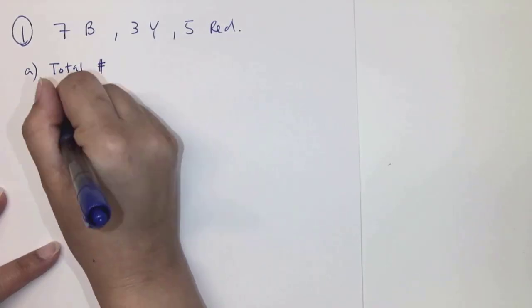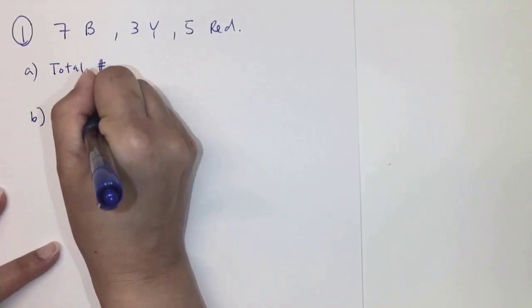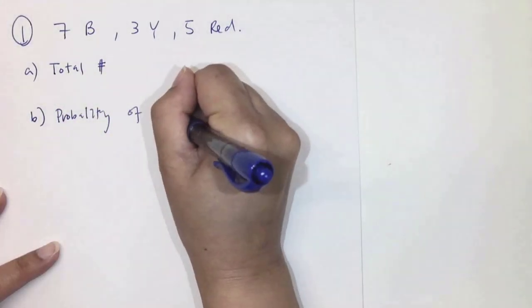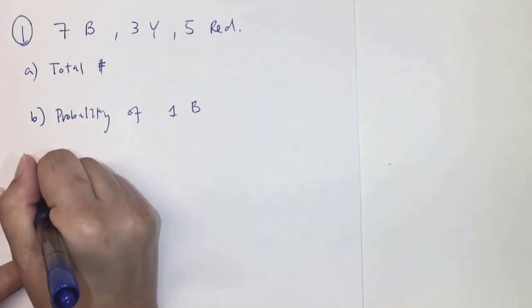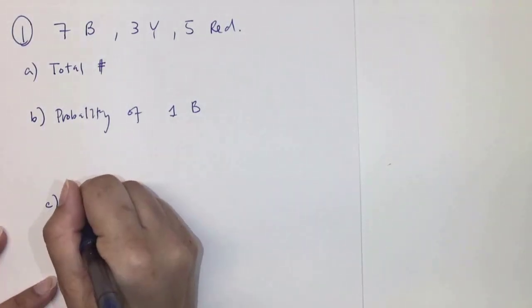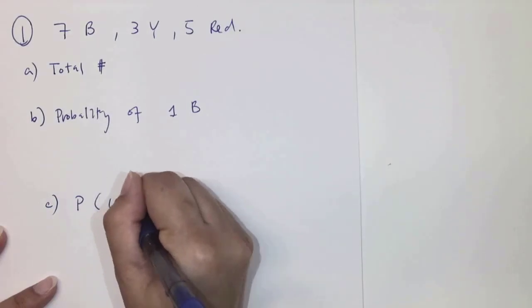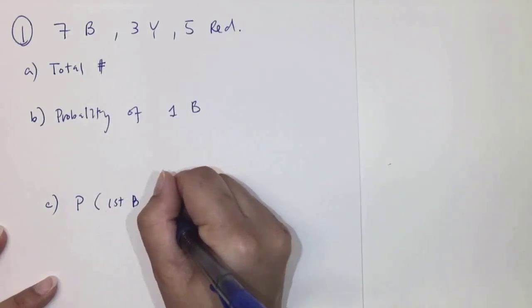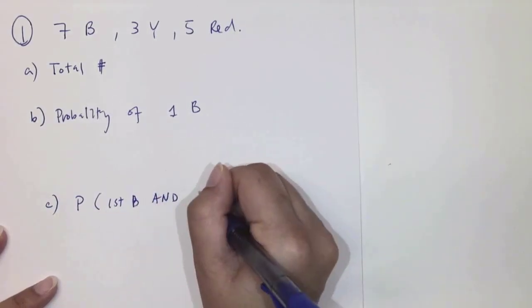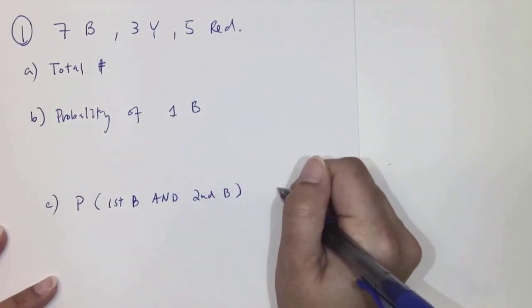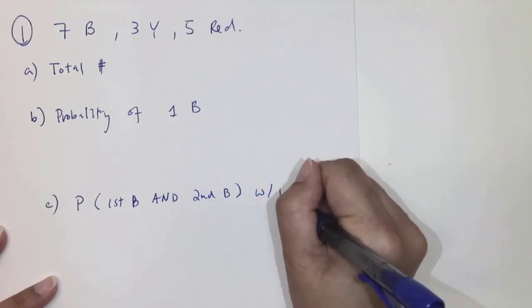Secondly, we want to find the probability of drawing one blue. Then, the probability of drawing first blue and second is also blue, but this one with replacement.